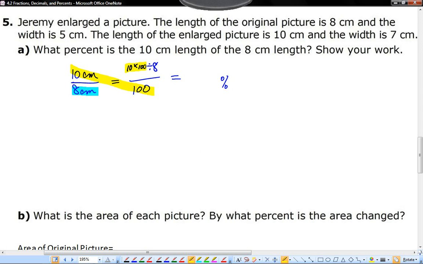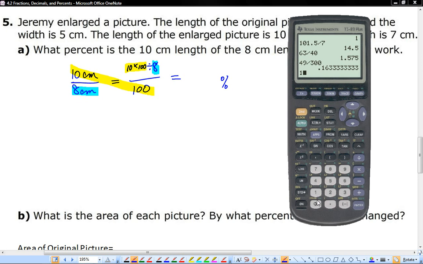Okay, so 10 times 100 is the cross-multiplying part, multiplying the two numbers diagonally across from each other that we know, and dividing by the third number in the proportion. So when I do that on my calculator, 10 times 100 is equal to 1,000 divided by 8 is going to give me 125%.